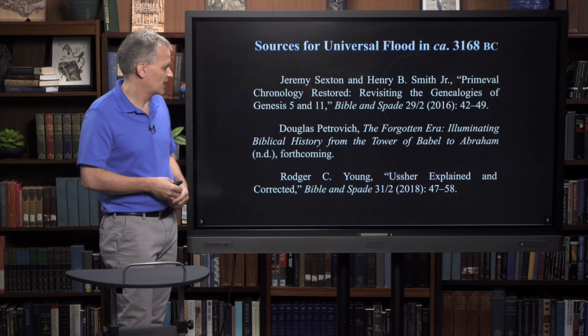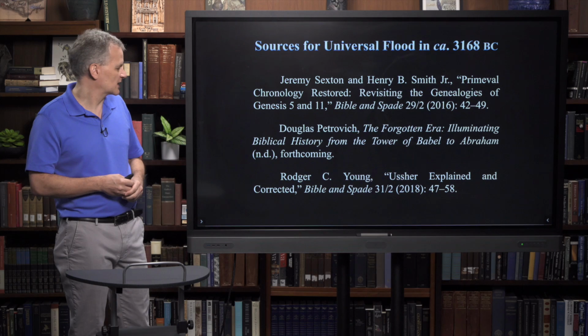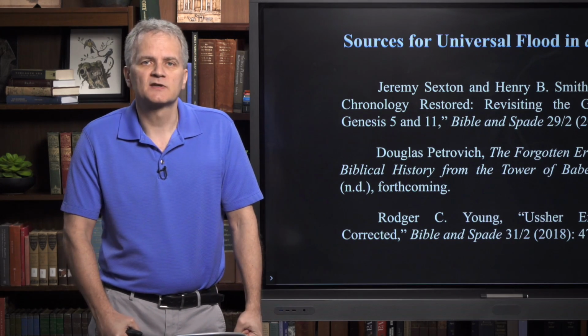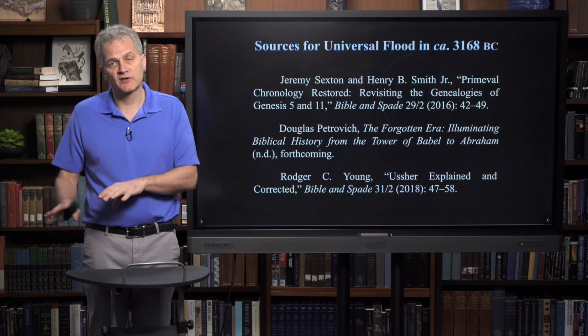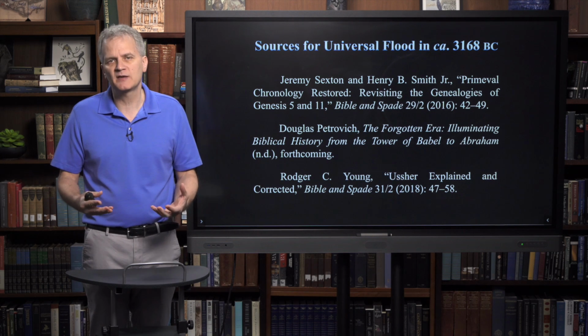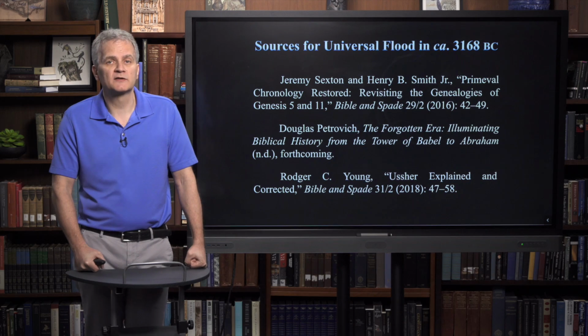And then an article that's already out, you can read Roger Young's article called Usher Explained and Corrected. What Roger Young does with this article is he demonstrates why the chronology of Bishop Usher, that's several hundred years old and is followed by a number of people, is flawed for a number of reasons and in a number of ways.